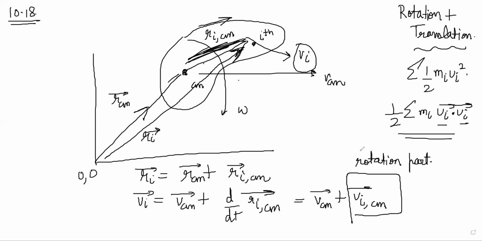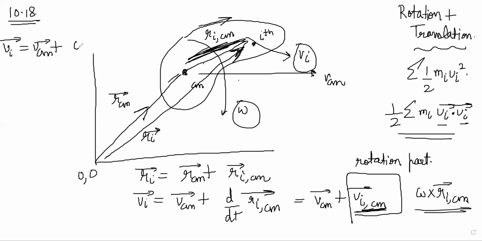Because you are assuming center of mass to be at rest here, the rotation part, if omega was angular velocity with respect to center of mass, will be omega cross Ri comma CM. So Vi technically is equal to VCM plus omega cross Ri comma CM.